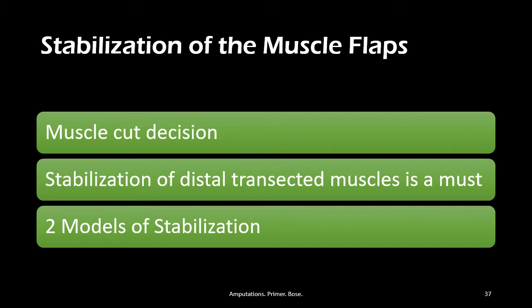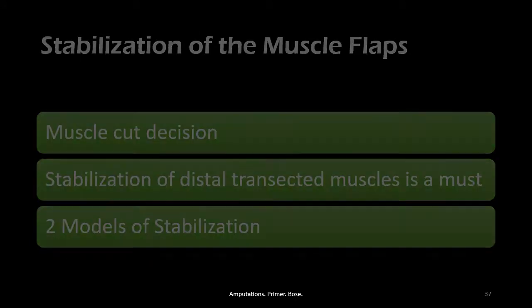This creates a longer muscle flap than the bone. These muscle flaps must be stabilized, otherwise they will undergo atrophy within 1 to 2 years. There are two models of stabilization with its inherent strengths and weaknesses. You need an understanding of both.